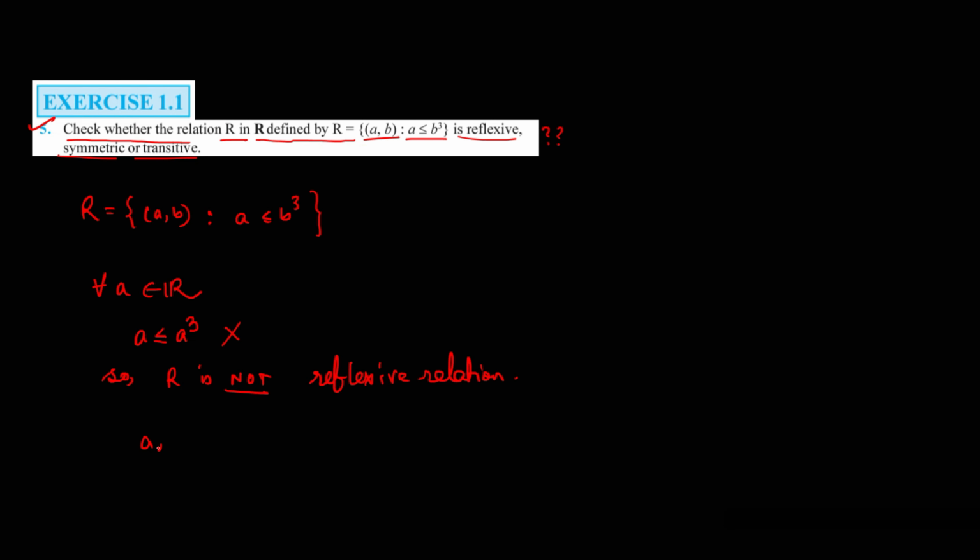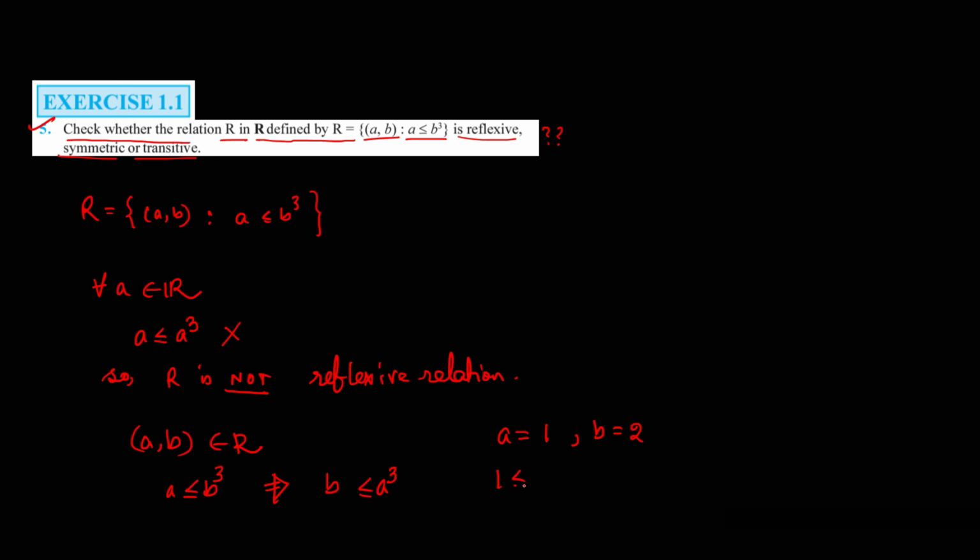Now take (a, b) belongs to the relation R. That means a is less than or equal to b cubed. That does not imply that b is less than or equal to a cubed, because we can take the numbers a equal to 1 and b equal to 2.